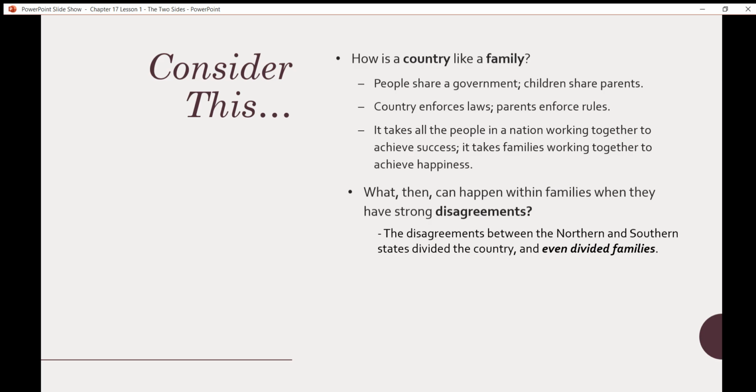The disagreements, in this case in the country, between the North and the South, are not just the ones we talked about in Chapter 16, very basic feudal disagreements, but now we're talking about actual warfare. The disagreements between the northern and southern states divided the country and even divided families. So we're going to see a whole lot of that in this lesson and throughout this whole chapter. Okay?